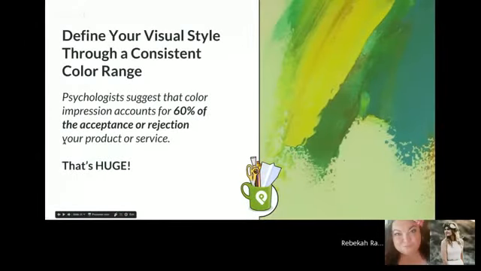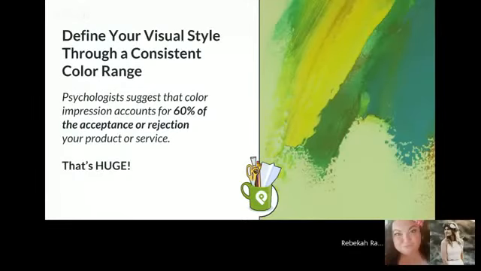So let's just go ahead and jump right into getting started and really creating your own visual style. And it's very, very simple to start to define your style. I know it can feel overwhelming, a little stressful, but it doesn't have to be. And it's just, as Ashton just shared, so important that you nail down what that color is.